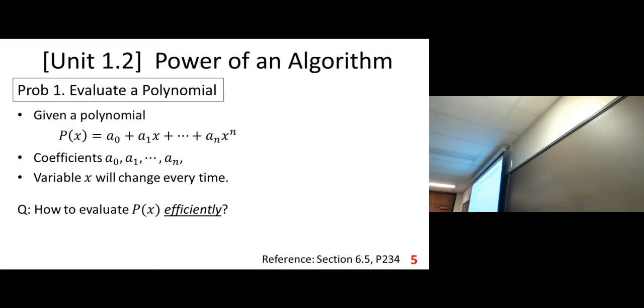So for this example, I give you the reference, section 6.5 and this page of our textbook. When I want to cover a topic, sometimes I see one example is really good for this topic, so I will take it from that place.